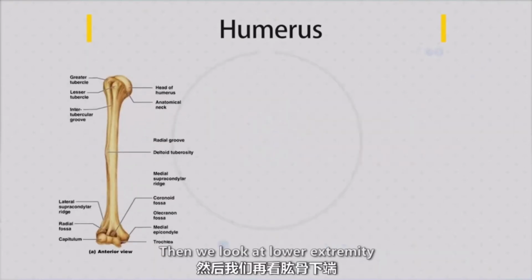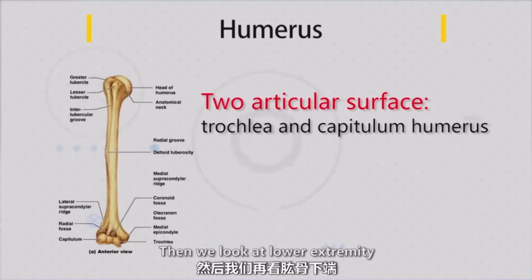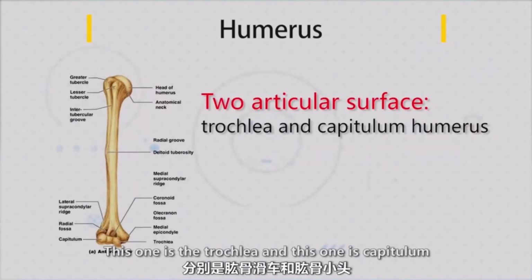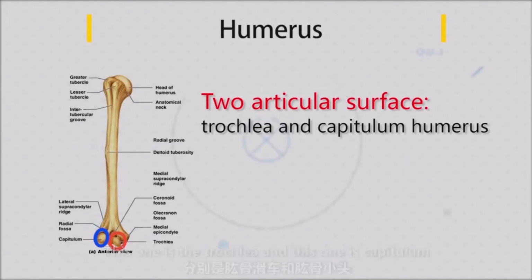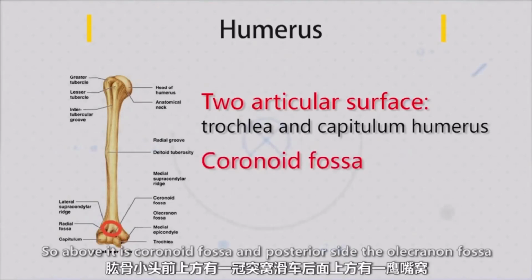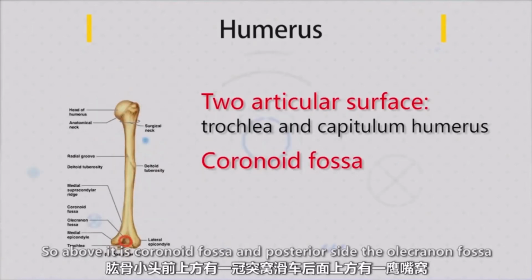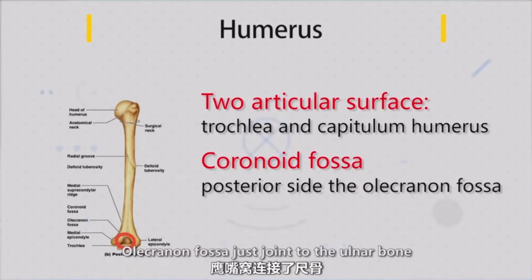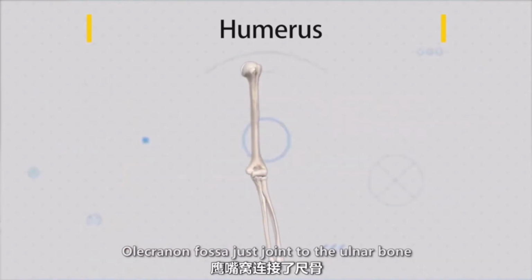We look at the lower extremity. The lower extremity has two articular surfaces: this one is the trochlea, and this one is the capitulum. Above is the coronoid fossa, and on the posterior side is the olecranon fossa, which receives the ulna.